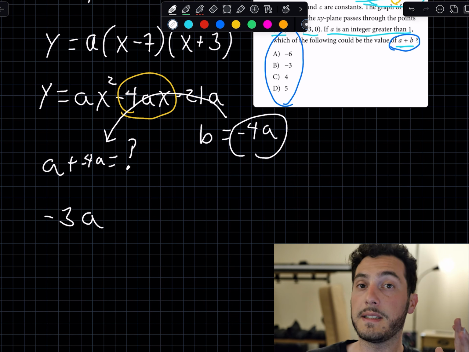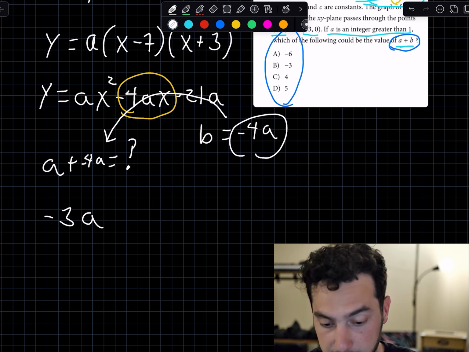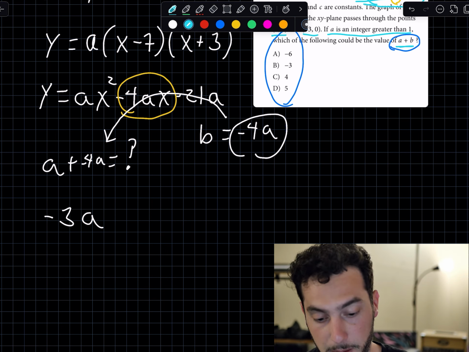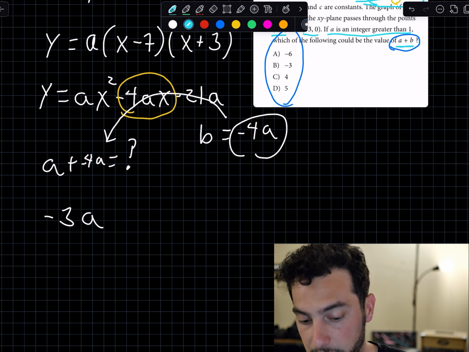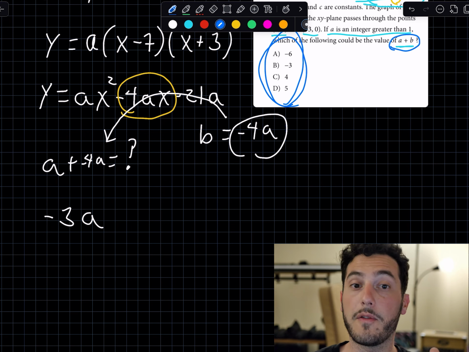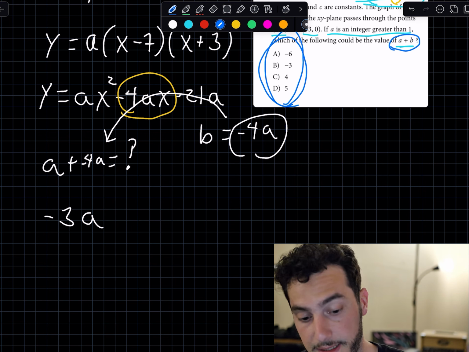And now what this question is suggesting is that a plus b is supposed to be one of these four values that are provided for us. So we can start testing these values.